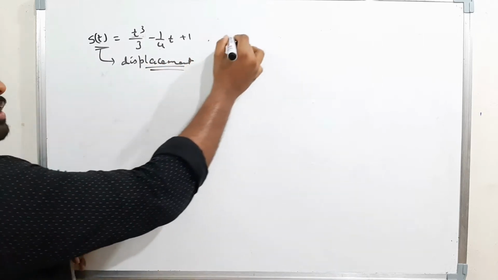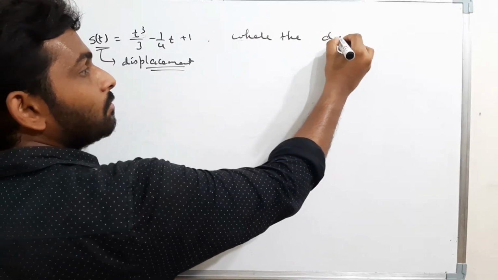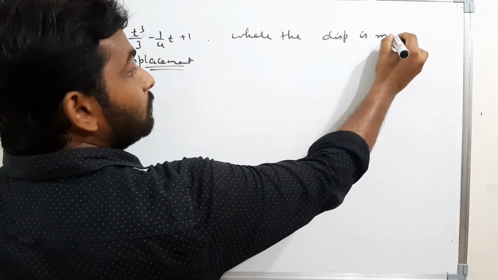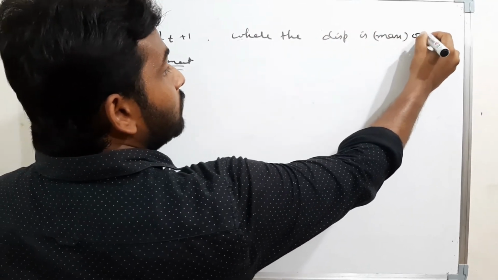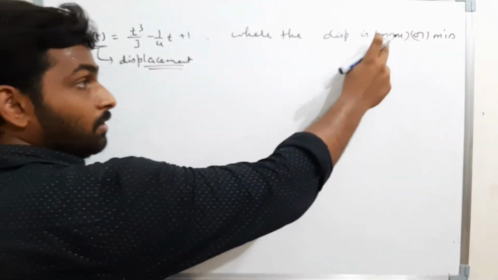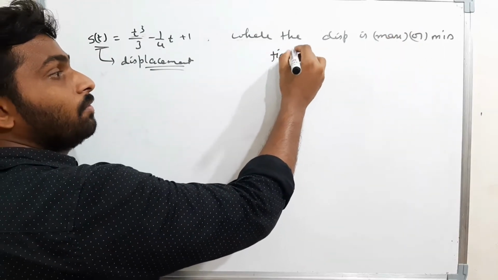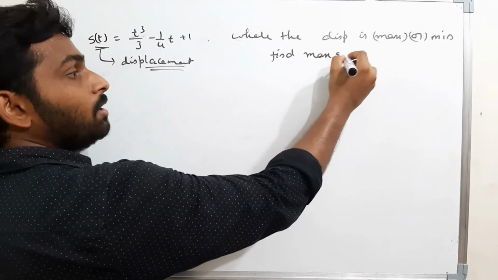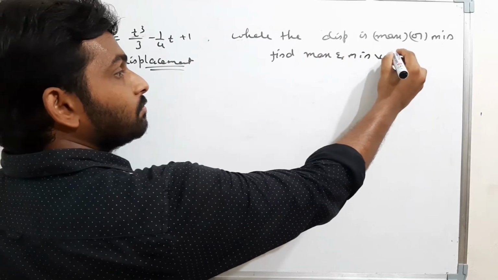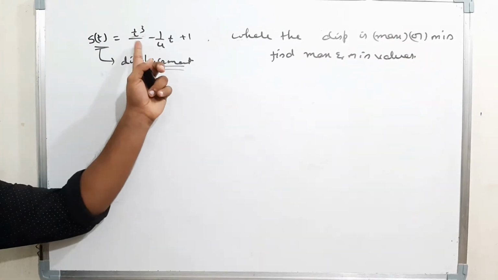They told us to find where the displacement is maximum or minimum, and if the function has minimum or maximum values, to find the maximum and minimum values. That is the question.